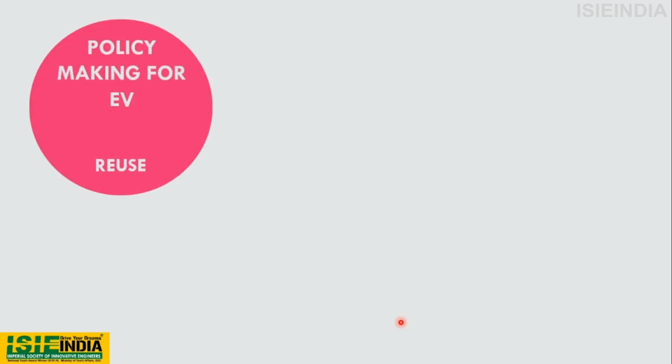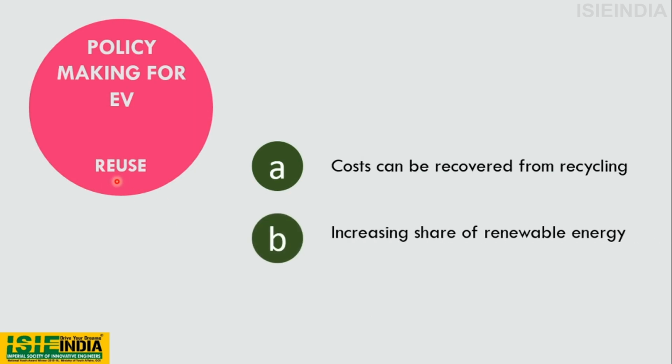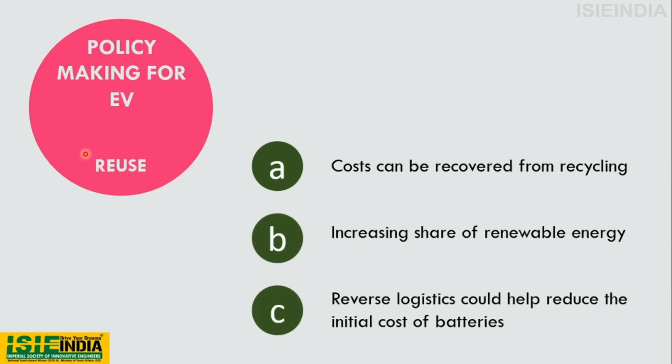The third topic is reusability. Now, incentivizing reverse logistics or reuse for stationary uses, since batteries could have a second life for stationary use, and cost can be recovered from recycling too. This explores the option of reducing cost once a battery is acquired.